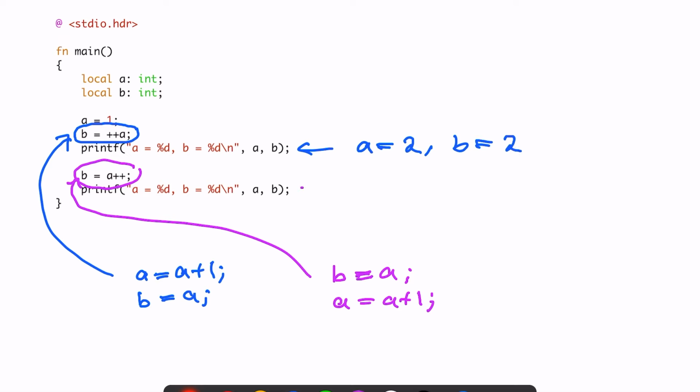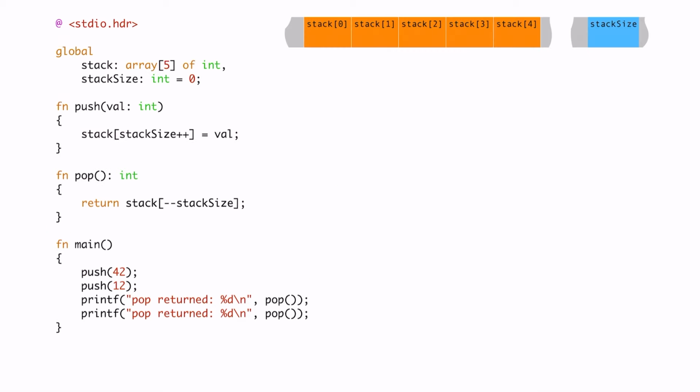And here we see that a has the value 3 because a was incremented at the end, but b still has the value 2 because we assigned to b the current value of a.